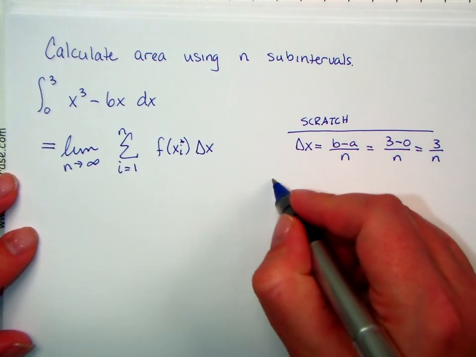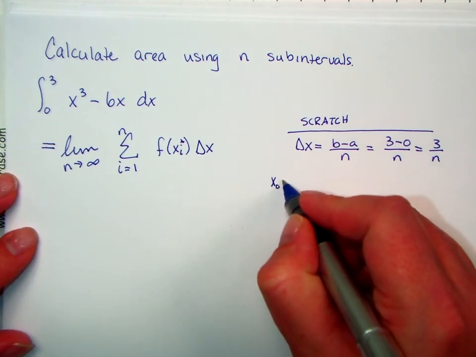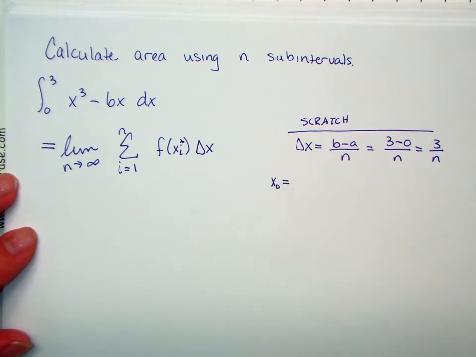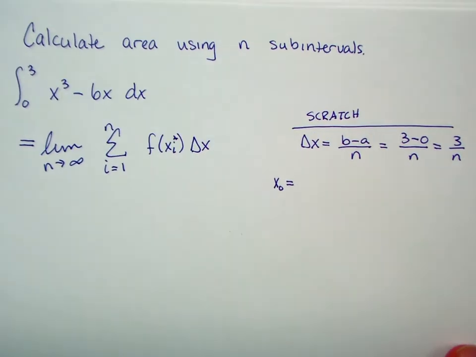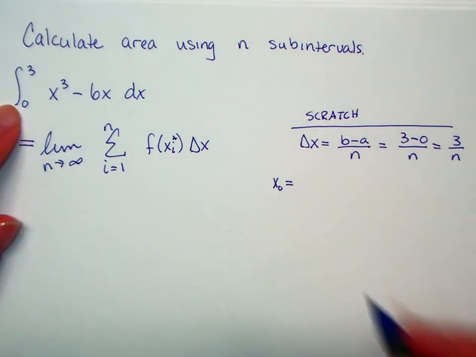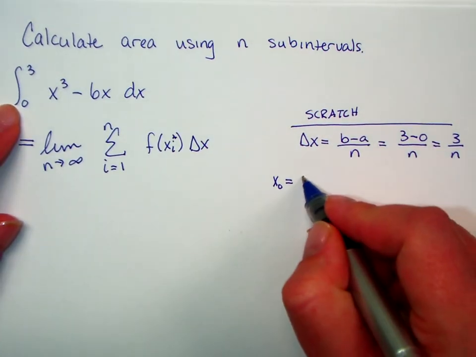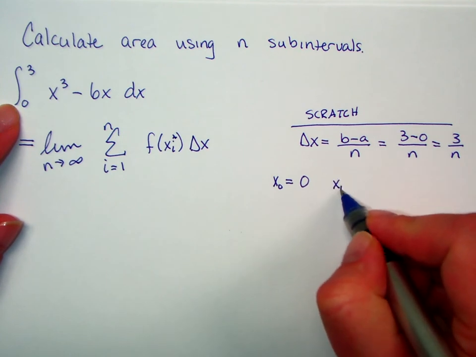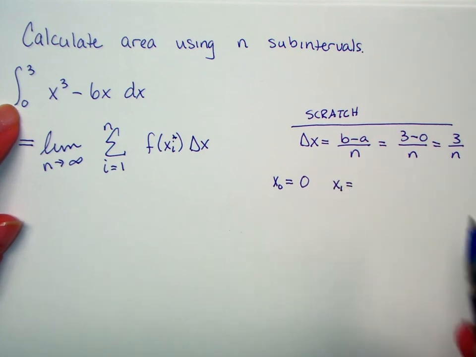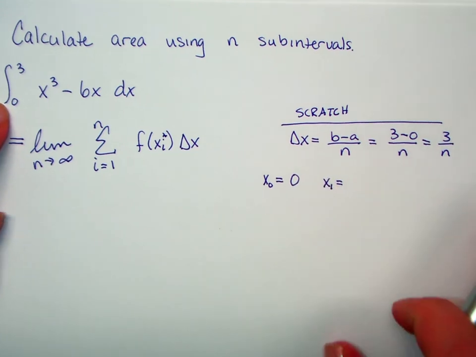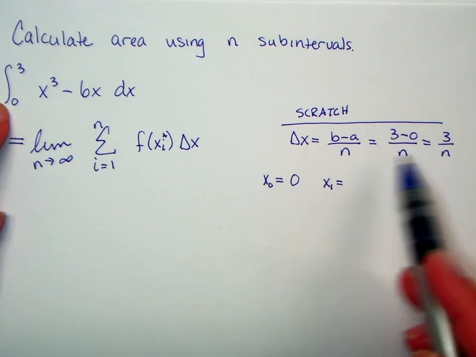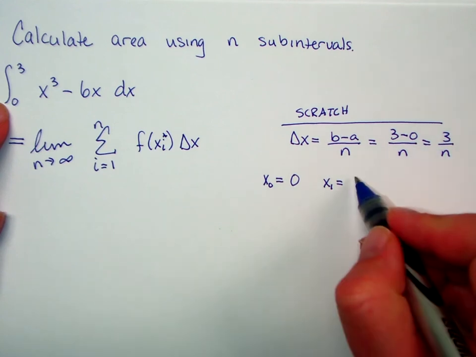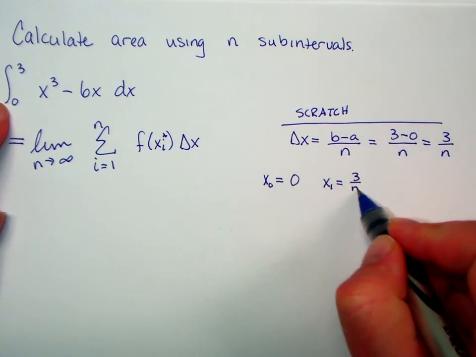And what I like to do is I like to calculate the first couple subintervals, right? So I'm going to start with x sub 0. X sub 0 is always a, right? So our first x sub 0 is going to be 0. Now if I were to calculate x sub 1, we're just going to add delta x to it. So we're going to get 0 plus 3 over n, which is 3 over n.